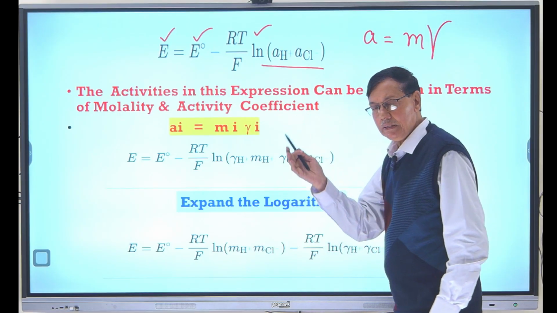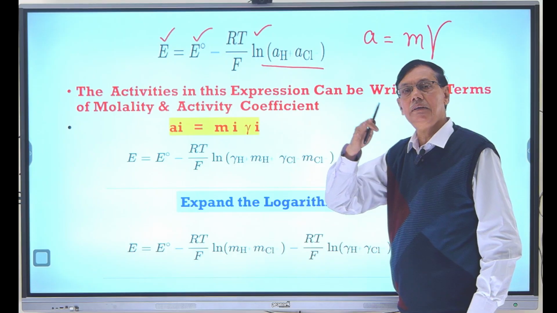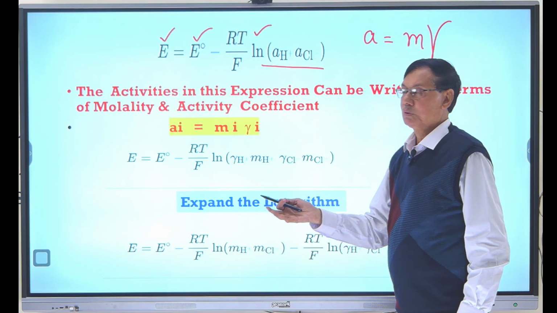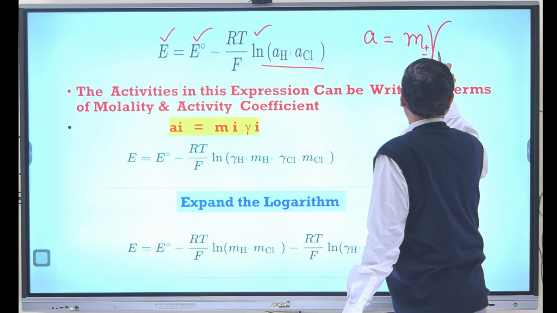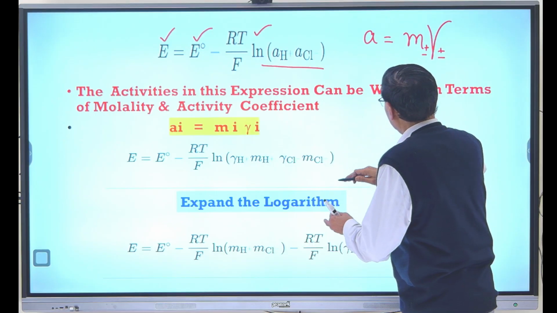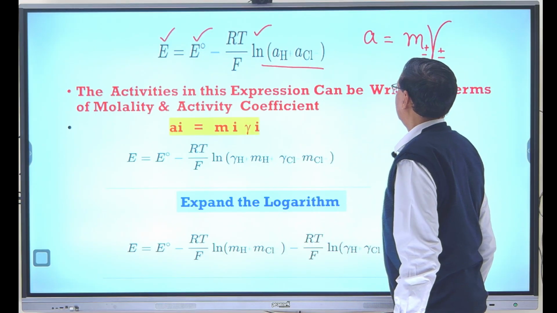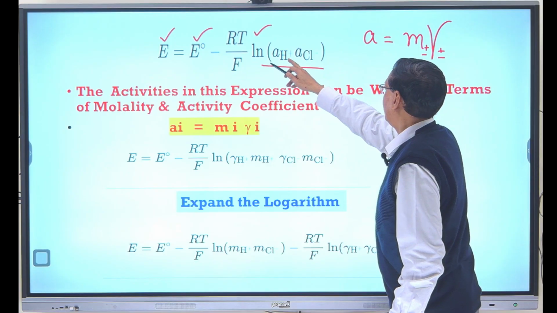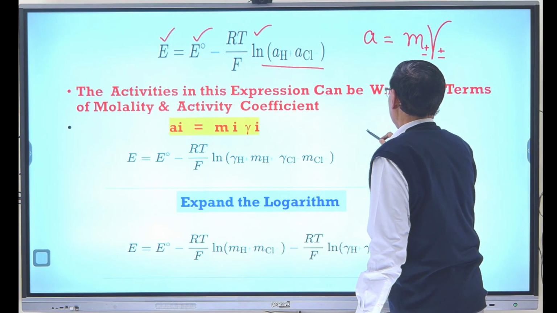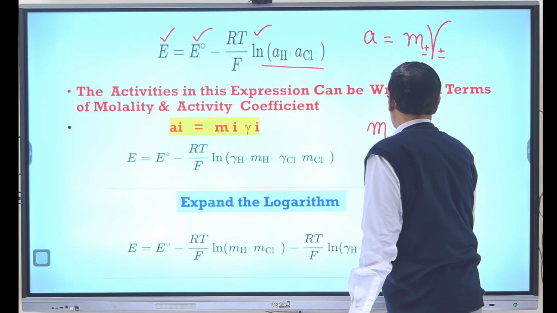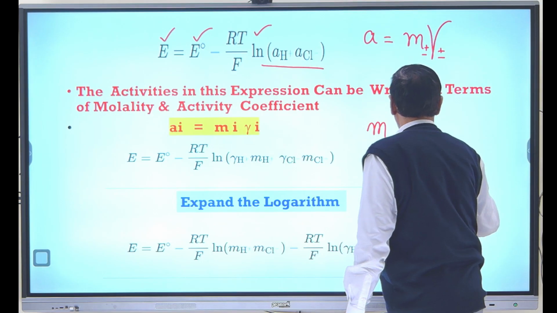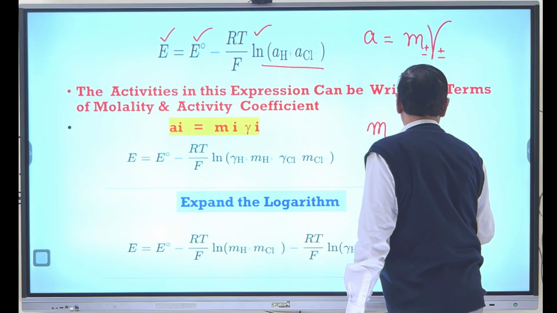Because there are two ions, the hydrogen ion and the chloride ion, I can write like that, m plus-minus, gamma plus-minus, or I can write them separately, because in the first case the activity of hydrogen, so I can write m of hydrogen ion or gamma of hydrogen ion. So there is no problem.